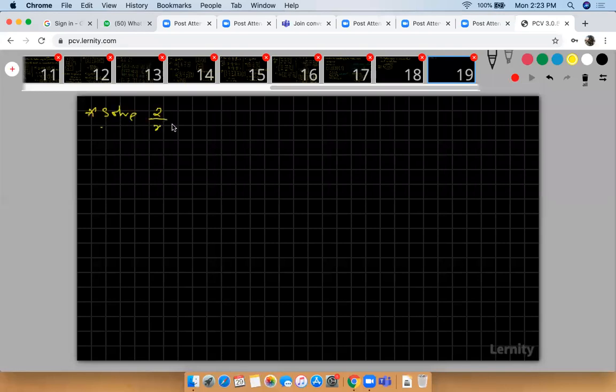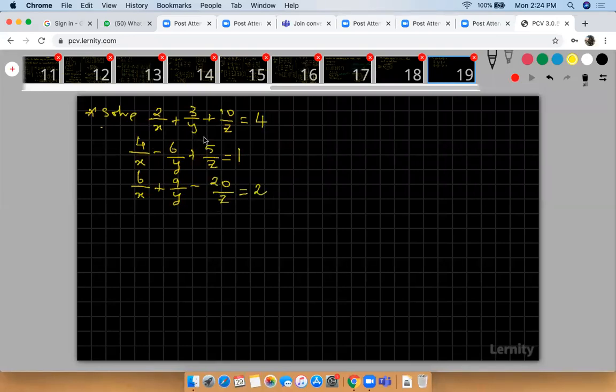2 by x plus 3 by y plus 10 by z equal to 4, and 4 by x minus 6 by y plus 5 by z equal to 1, and 6 by x plus 9 by y minus 20 by z equal to 2.